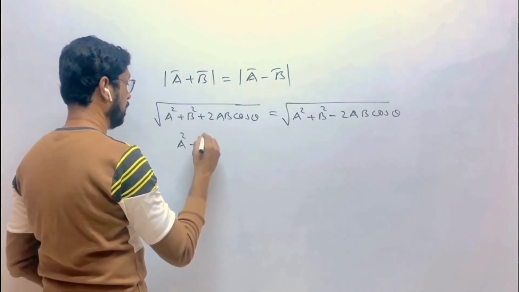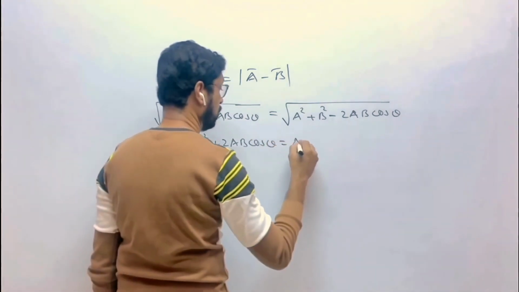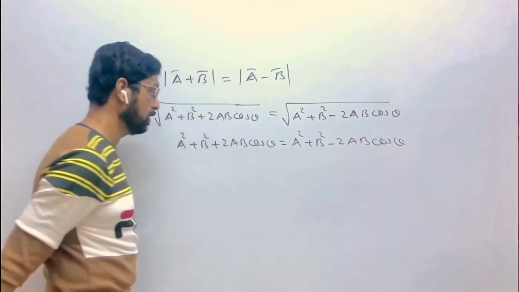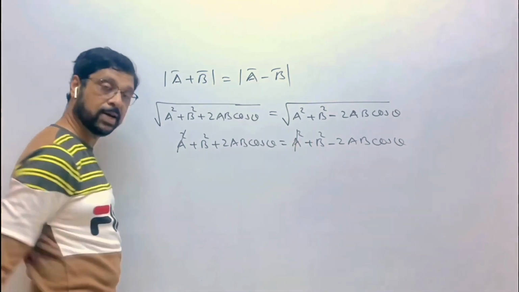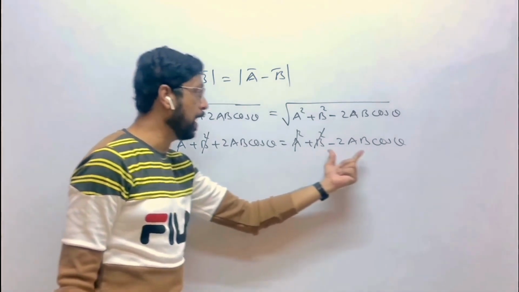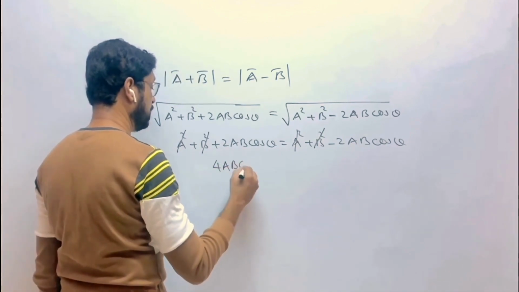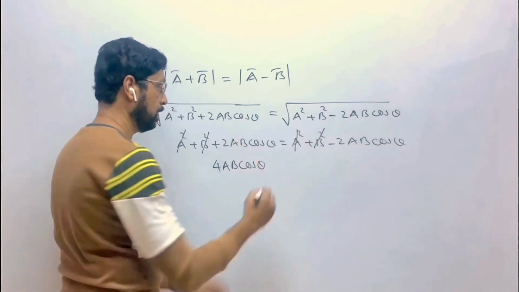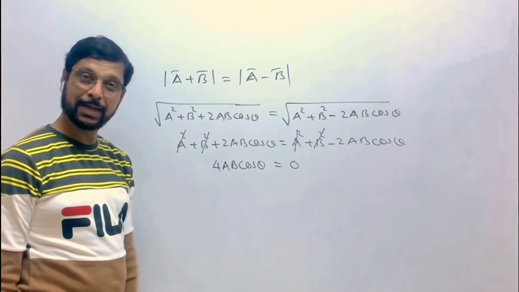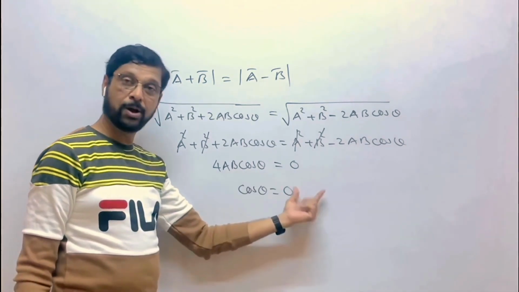A square plus B square plus 2AB cos theta is equal to A square plus B square minus 2AB cos theta. A square gets cancelled. B square gets cancelled. 2AB cos theta plus 2AB cos theta, that is 4AB cos theta. इसको इधर लिया is equal to, क्या बचा यहां पर, 0. 4AB cos theta is equal to 0 means cos theta is equal to 0. 0 upon anything is 0.